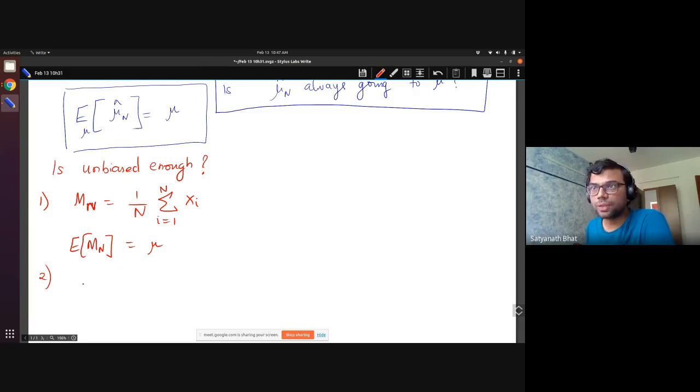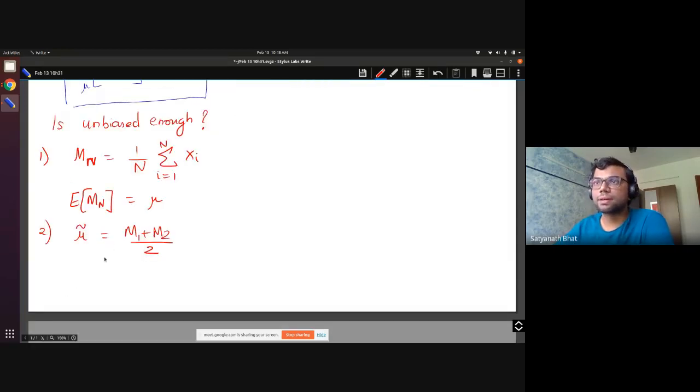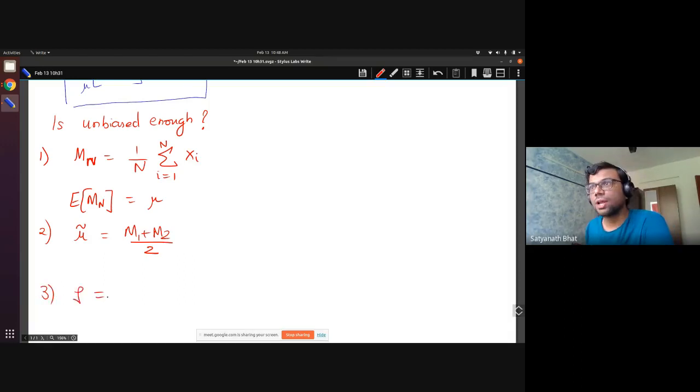I will use the estimator mu tilde, given by (M1 plus M2) by 2. This is my second estimator. Someone else comes up with a third estimator, he calls it rho, and it is just equal to M1, whatever the value of M1 is. But if you see, expected value of mu tilde will also be mu, and expected value of rho is also going to be mu.